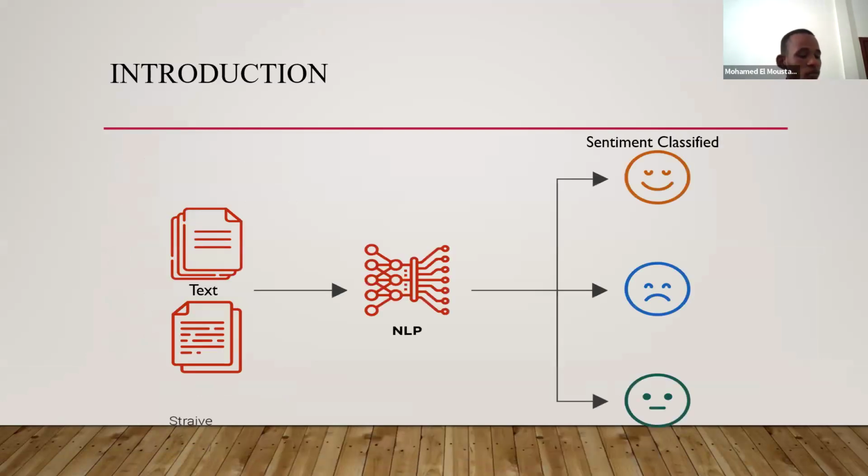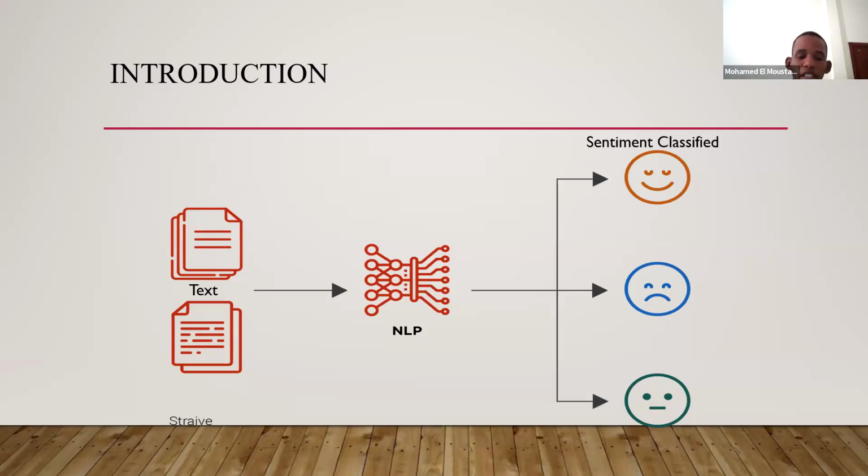For the introduction, sentiment analysis is a process of analyzing textual data to determine the sentiment expressed within the text. The goal is to identify and extract subjective information from a text.